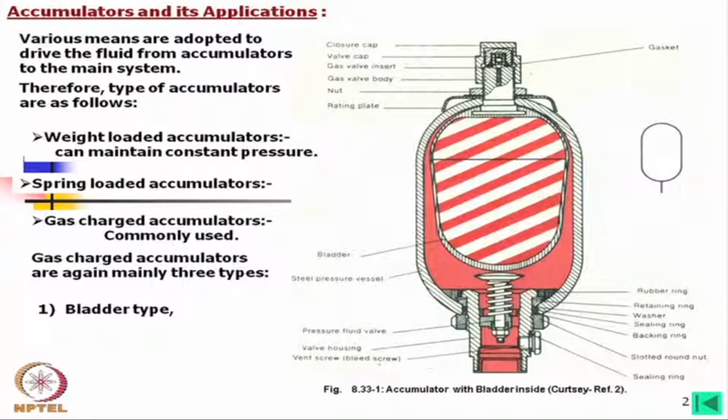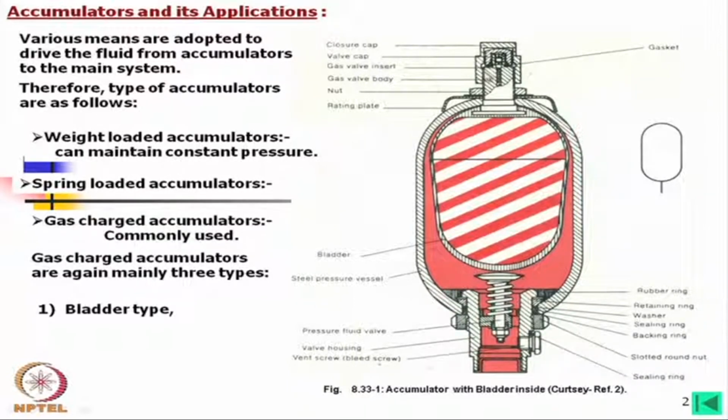Now, if we look into the other details, this is a closure cap. This is just to protect the main cap, which you can say is the valve cap or the total valve system.